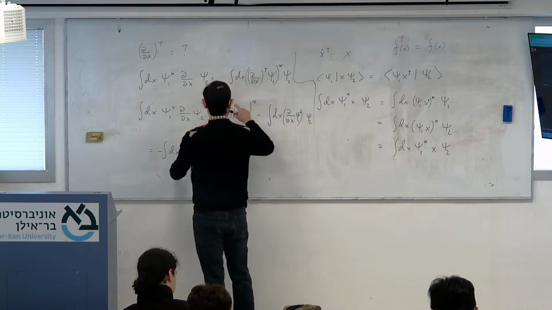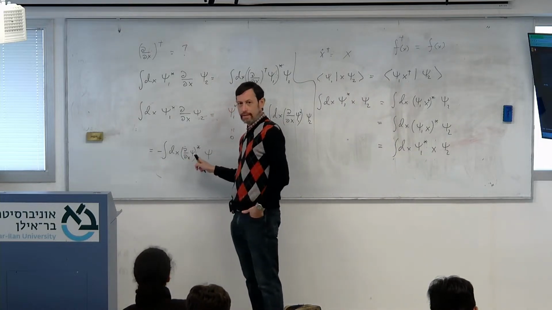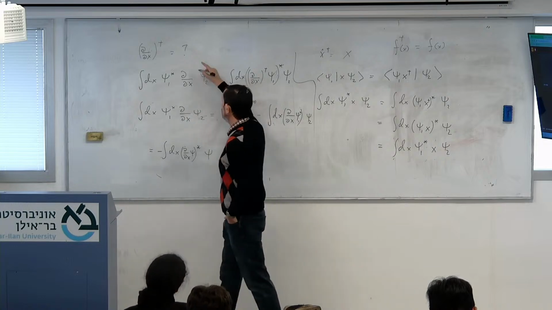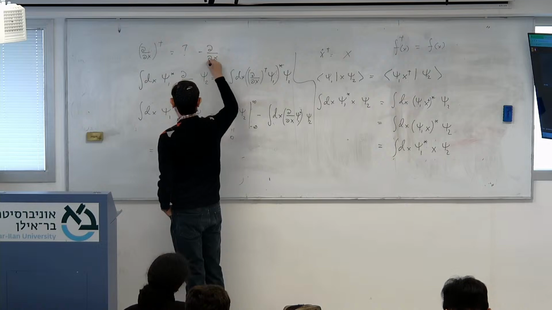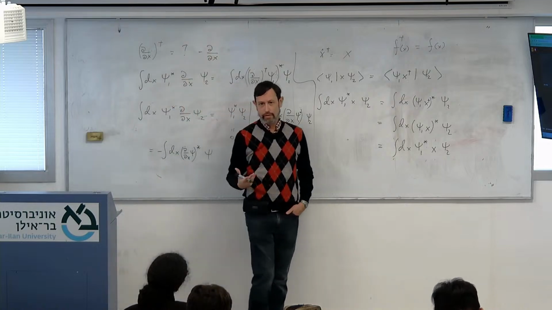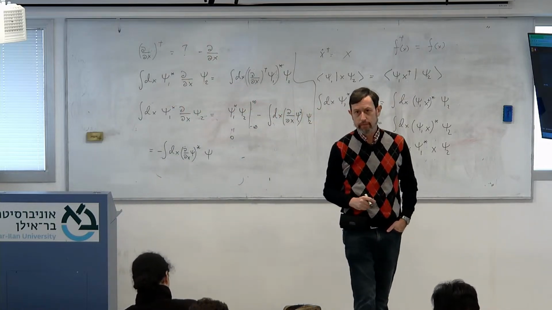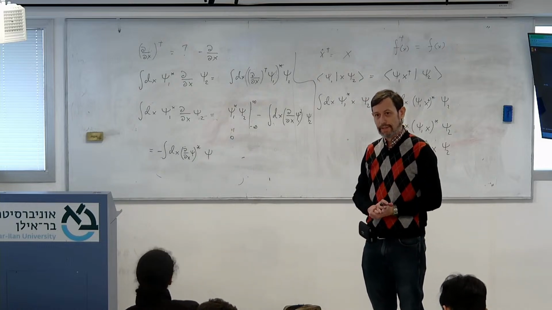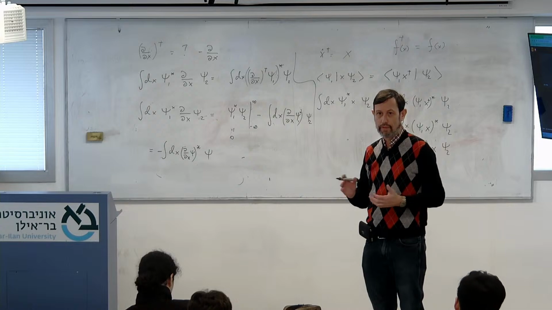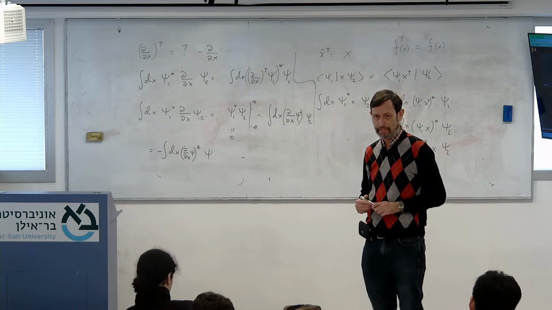And clearly, the complex conjugate of minus the, meaning that it's not Hermitian. d/dx is not Hermitian.